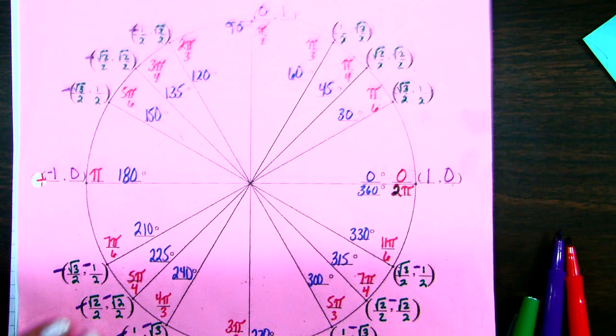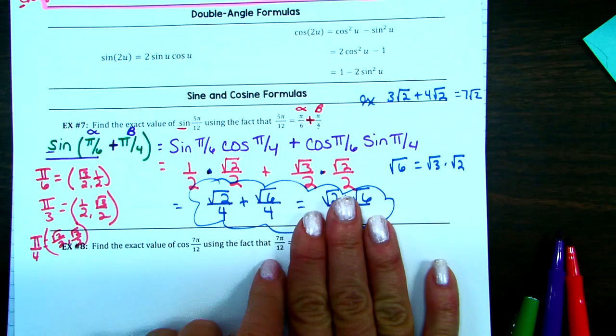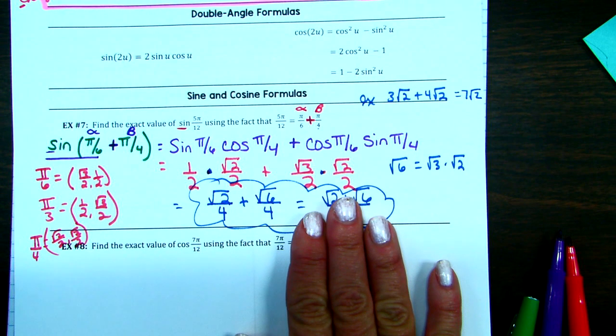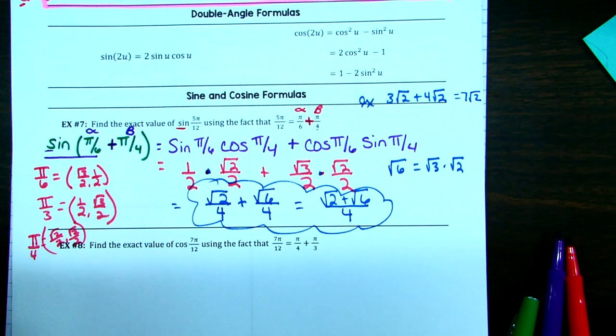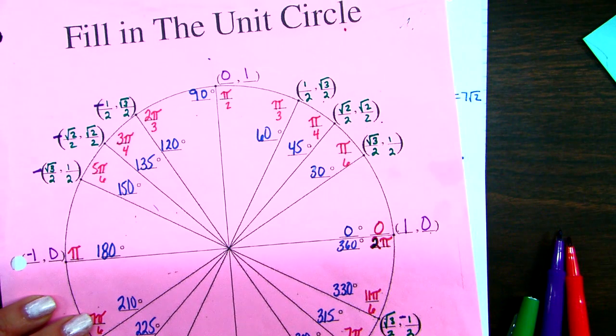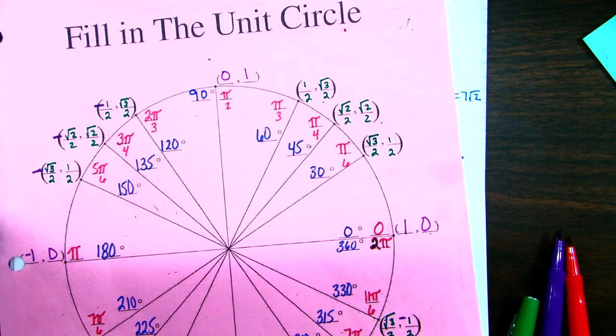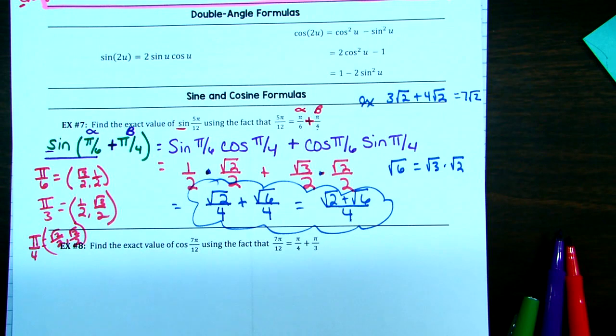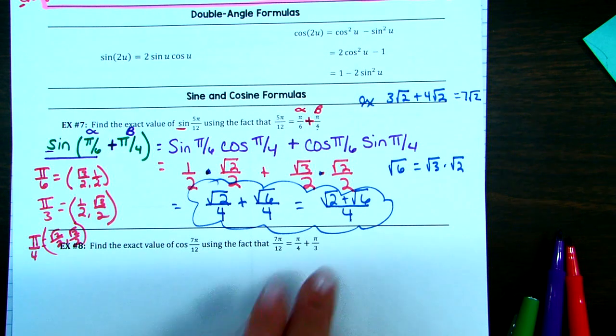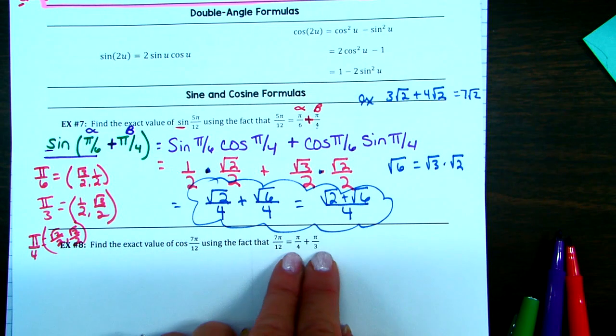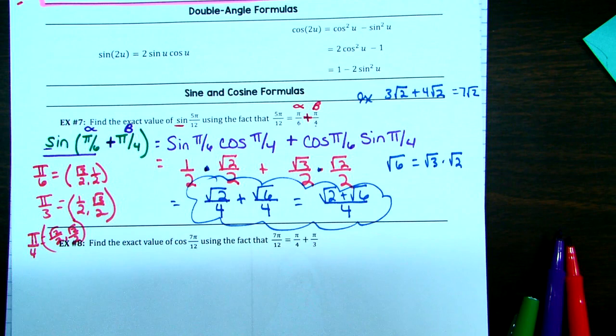If I said, figure out 5 different ways to make a 7 pi over 12, I don't know if there's 5, but there's usually 2, 3, 4 maybe. You could subtract any two. You could subtract one of these big ones from something over here, or add two. Whatever you can do, you can use any two you want, and you can add or subtract if you're coming up with your own. All right? As long as your two angles equal the one you're trying to find, that's all that matters.